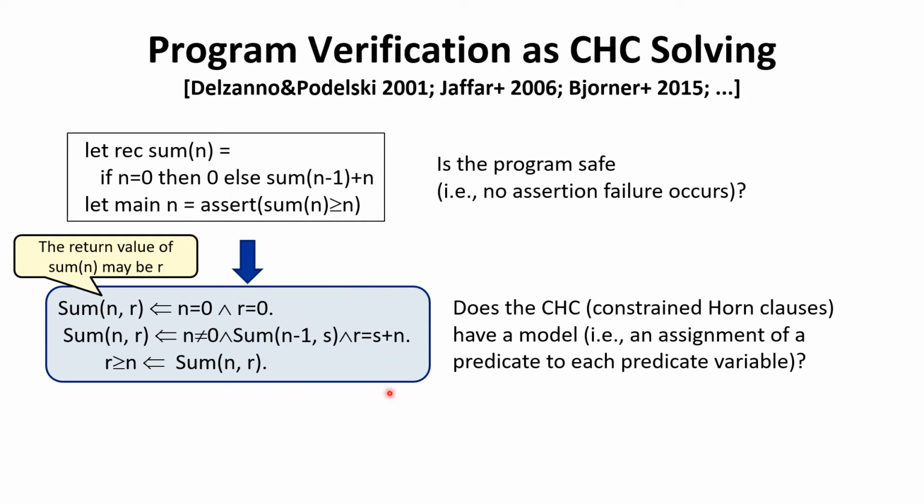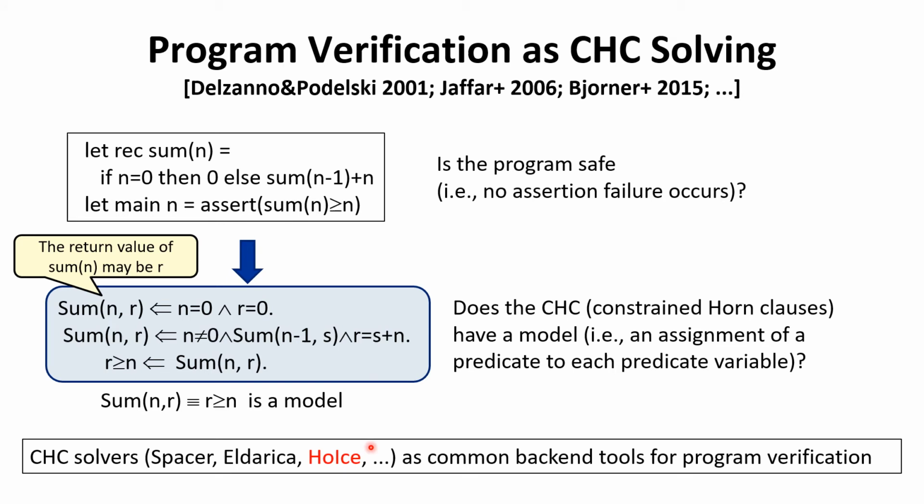And then the CHC is satisfiable, that means there exists a predicate sum that satisfies all these clauses, just if this program is safe. Okay? And in that manner, various program verification problems can be reduced to the CHC solving problem, and we can use CHC solvers as common backend tools for program verification.